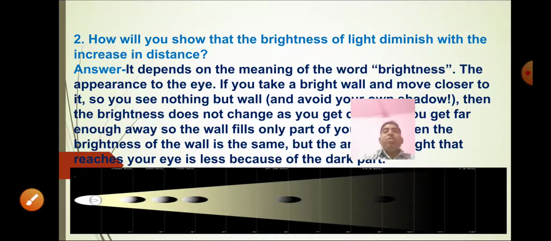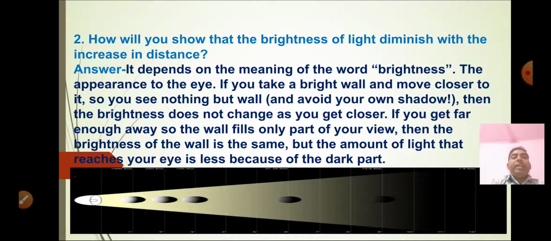Now this question: how will you show that the brightness of light diminishes with an increase in distance? Here you can see that it depends on the brightness. If you take a bright wall and move closer to it, you see nothing but the wall.